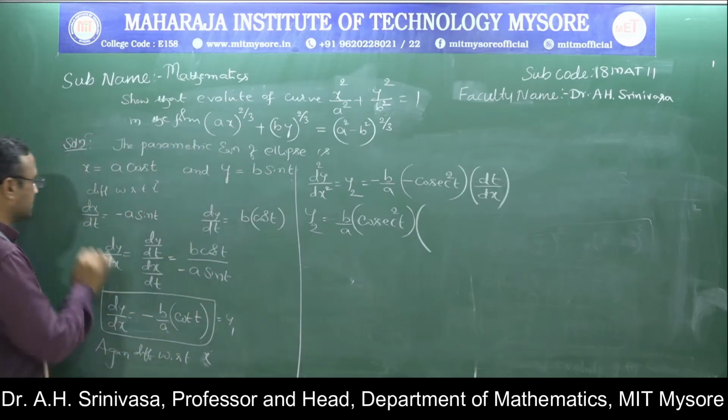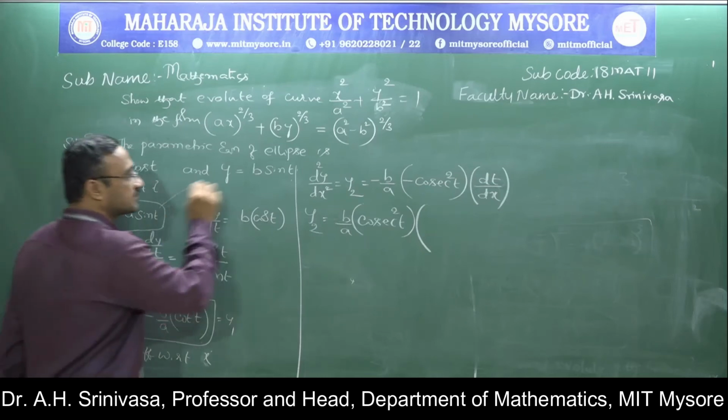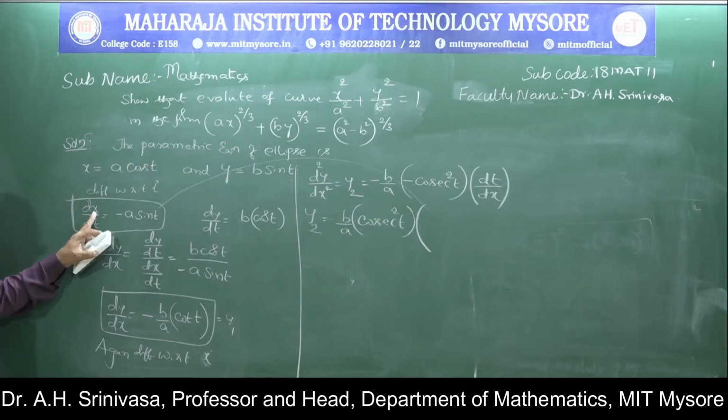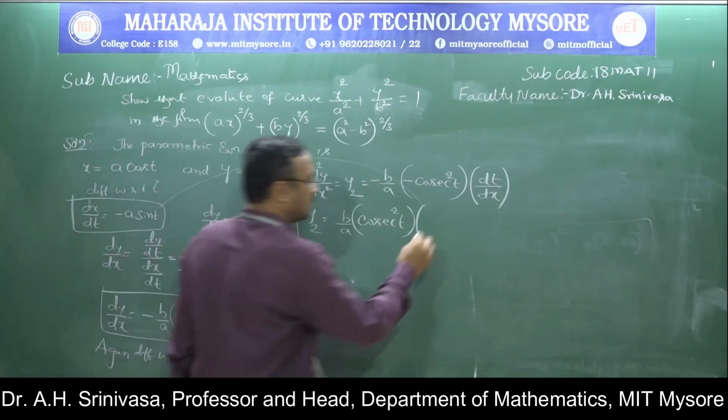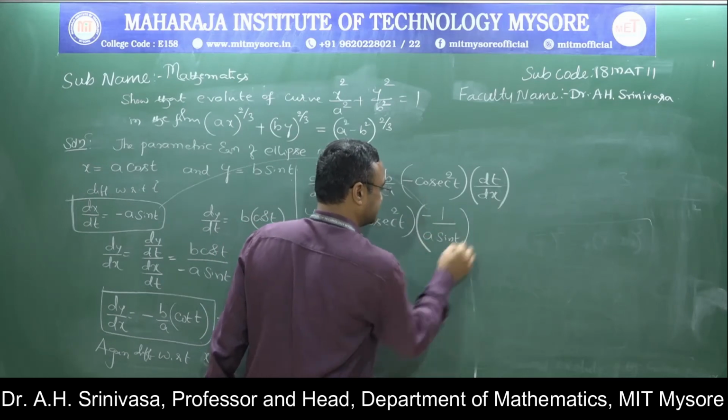What is that dt by dx? We know the value of dx by dt. Now I am going to substitute here. I want dt by dx. Just take the reciprocal of this. This becomes minus 1 by a sin t.